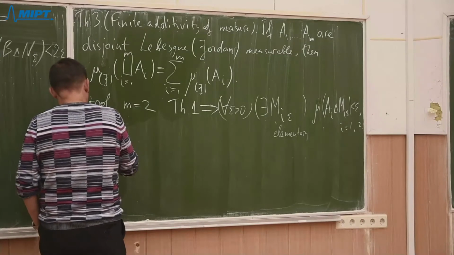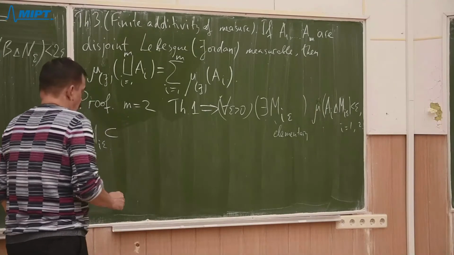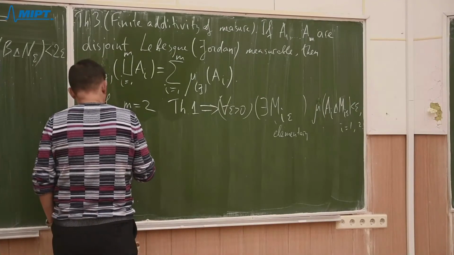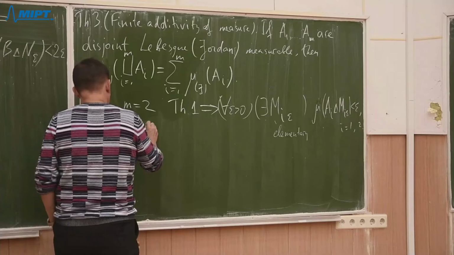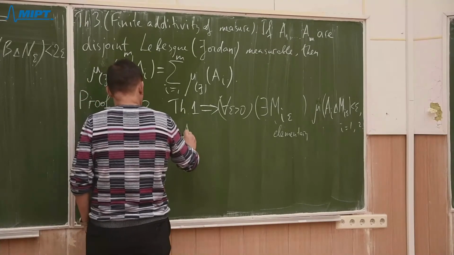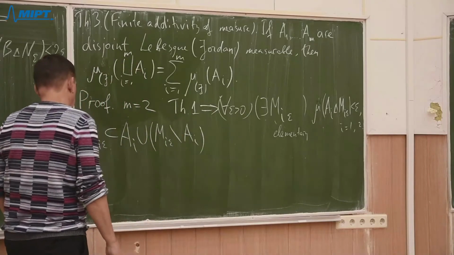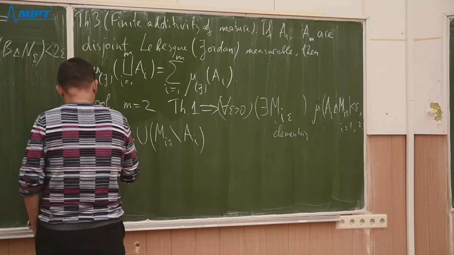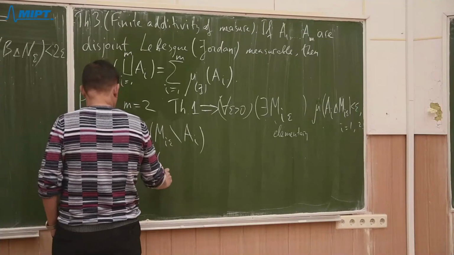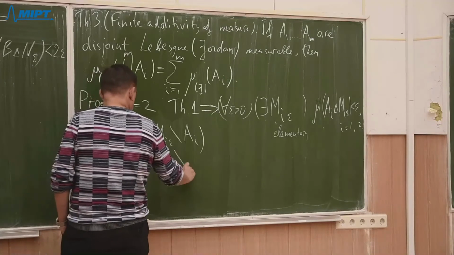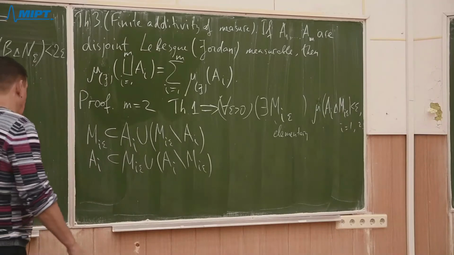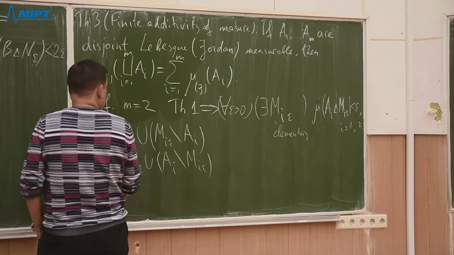So M_i,ε is a subset of A_i together with M_i,ε minus A_i. Analogously, A_i is a subset of M_i,ε together with A_i minus M_i,ε. Now with unions, the same thing.